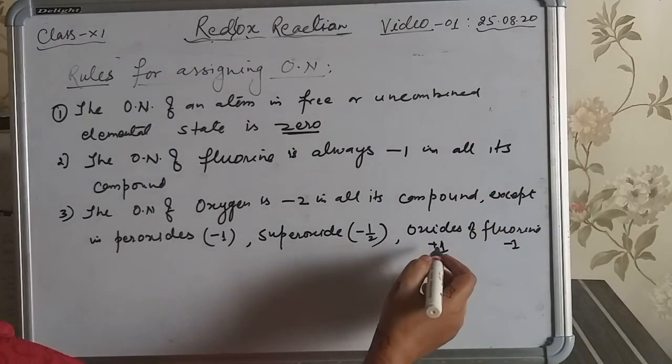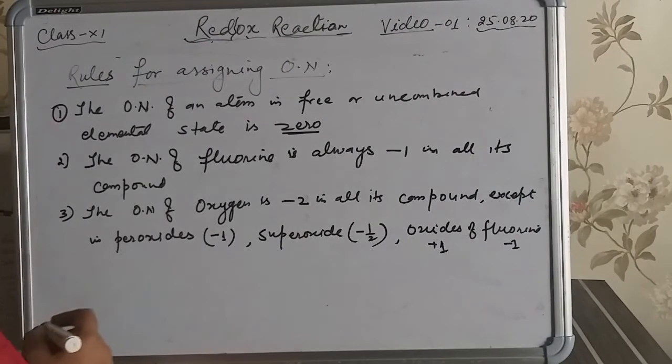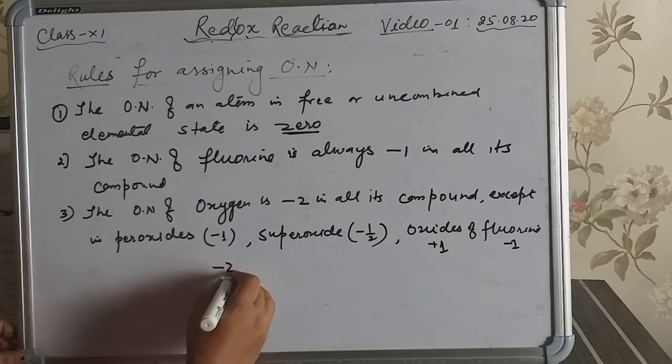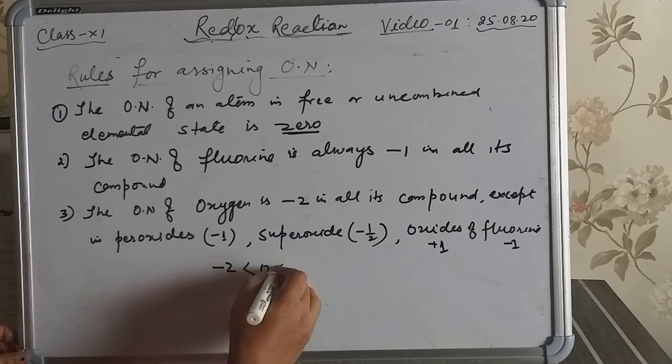In that condition, a plus charge appears on oxygen and a minus charge appears on fluorine. So we see the range changes from -2, 0 to +2.